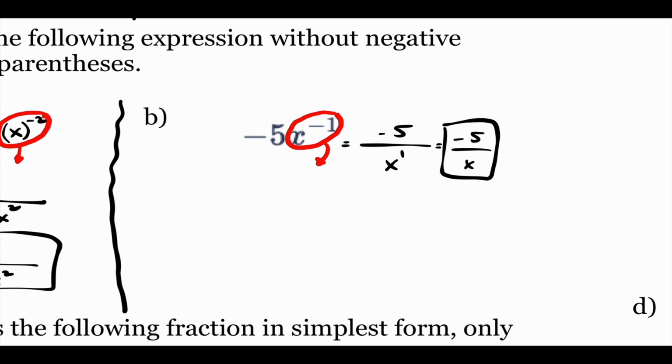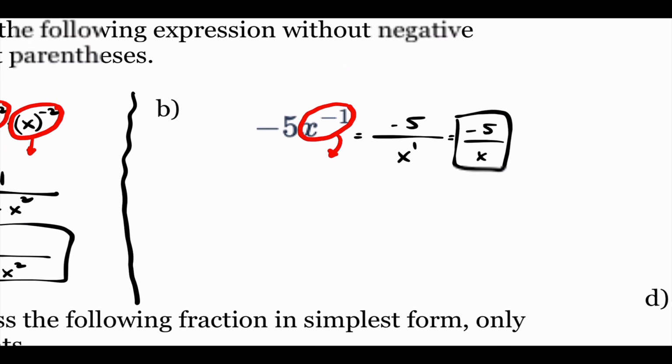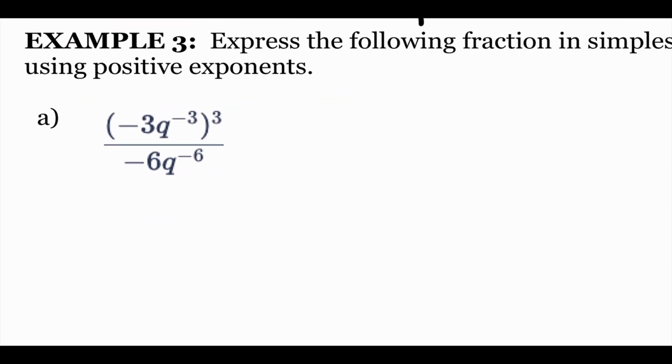So that's, like I said, the rest of the problems are just pretty much using those to simplify as far as you can. Okay, so let's look at example 3A. Parentheses. Yes, it does have parentheses. What is inside the parentheses? A -3 and a q to the -3.